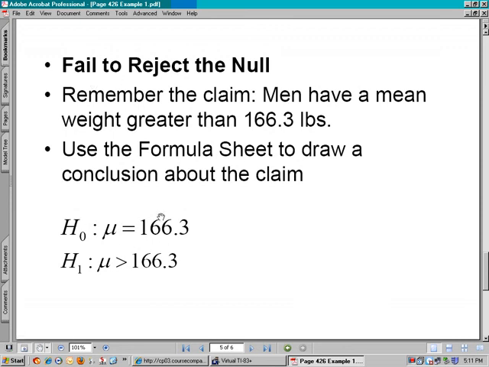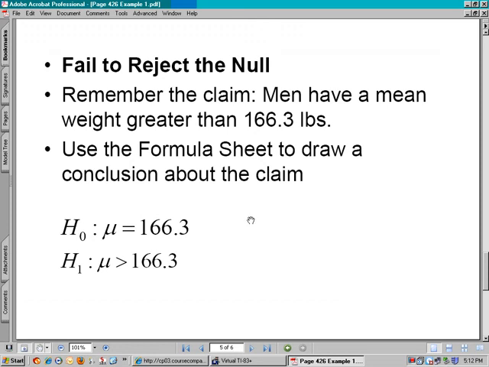That means we're going to accept this. Well, if we accept this, that means we're claiming that this is not accurate, because we failed to reject that. And remember, this went with our claim. That doesn't always happen. Sometimes your claim may be your null. You just have to pay attention to what it says.